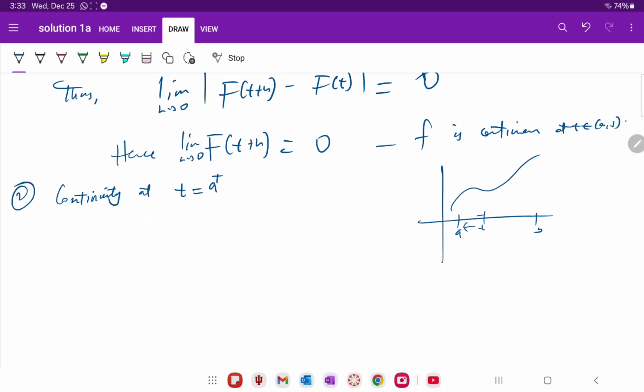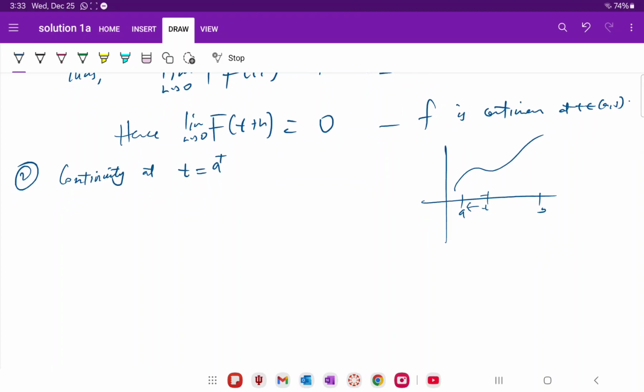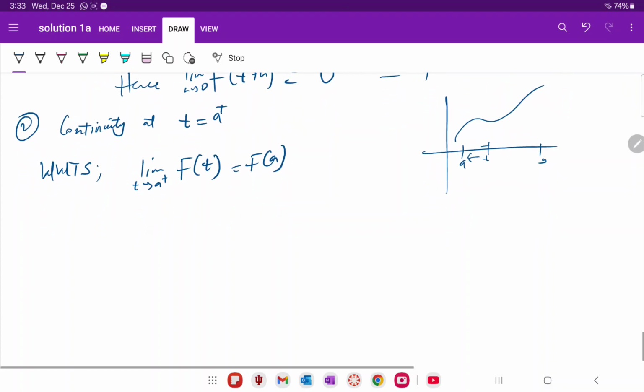So we want to check if our function is also continuous at that endpoint. That means we want to show that the limit as t tends to a of f of t is equal to f of a.